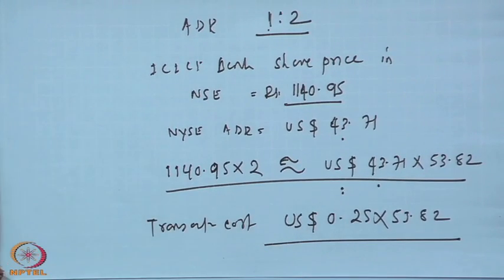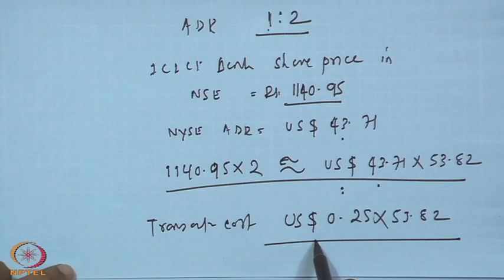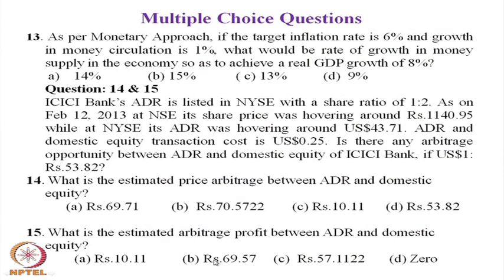So, from 70.5722 minus this, we get the answer to question 15, which is something around 57.122. Question 14 answer is B, and question 15 answer is C.